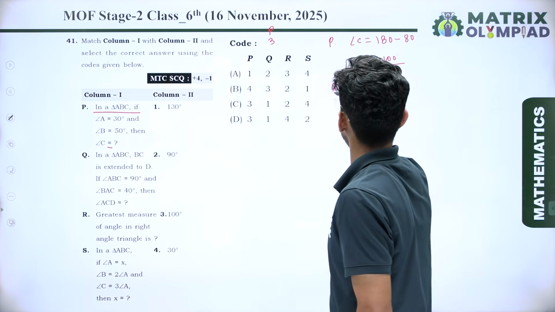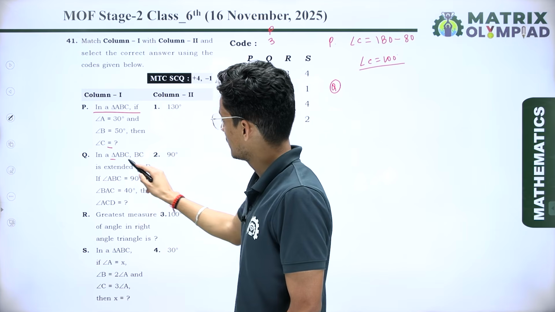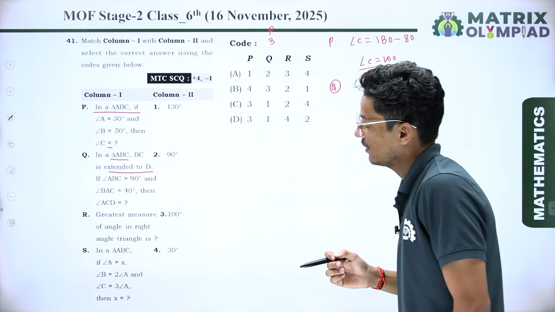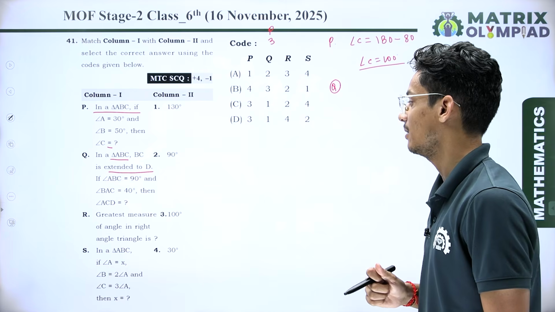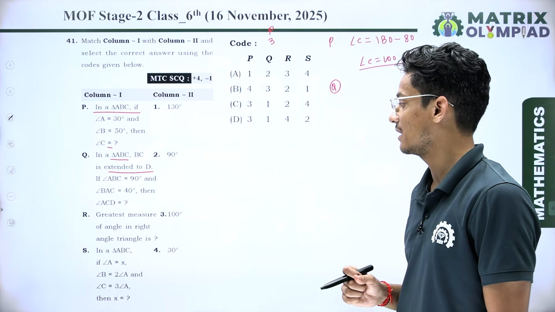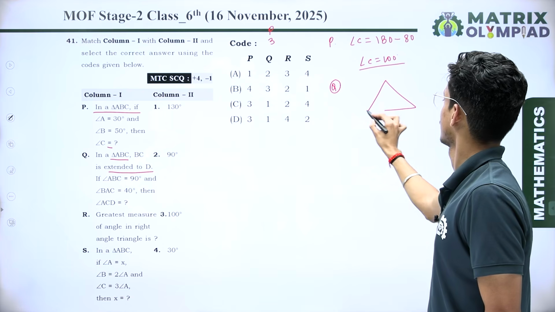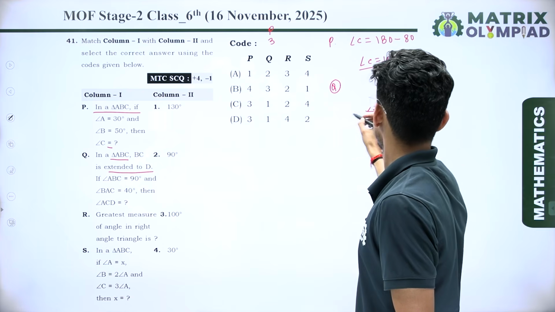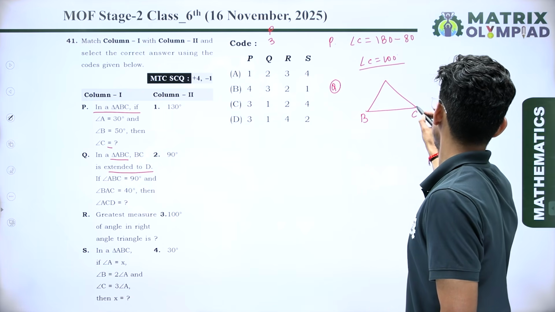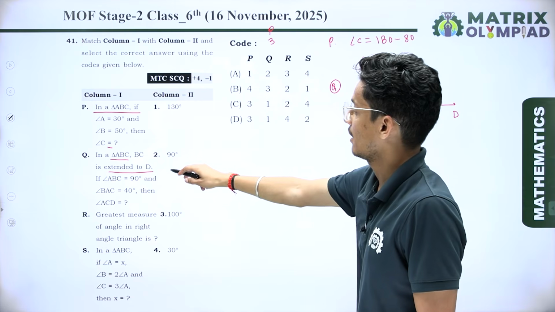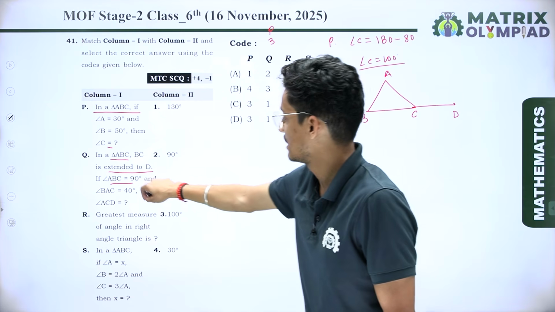So next if I talk about the Q, in triangle ABC, BC is extended to D, and if angle ABC equal to 90 degree and angle BAC equal to 40 degree, then angle ACD. So let's assume this is a triangle and BC is extended till D. This one is A. So angle ABC is equal to 90 degree.